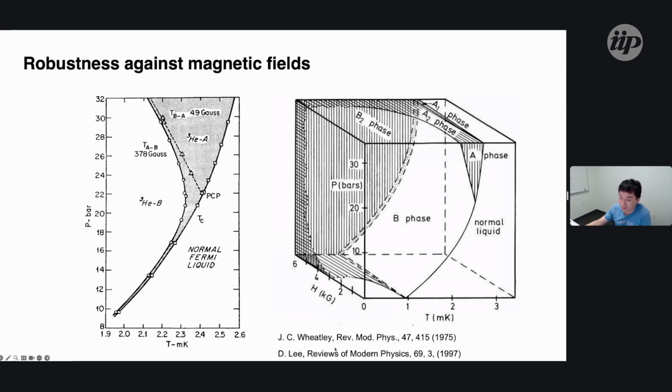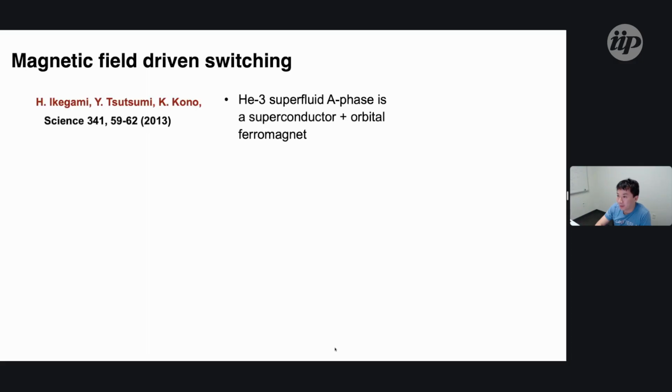So these are some of the early discoveries that already told us helium-3 A is a fairly non-trivial phase. The really definitive identification of the unconventional nature comes rather recently, about 12 years ago.